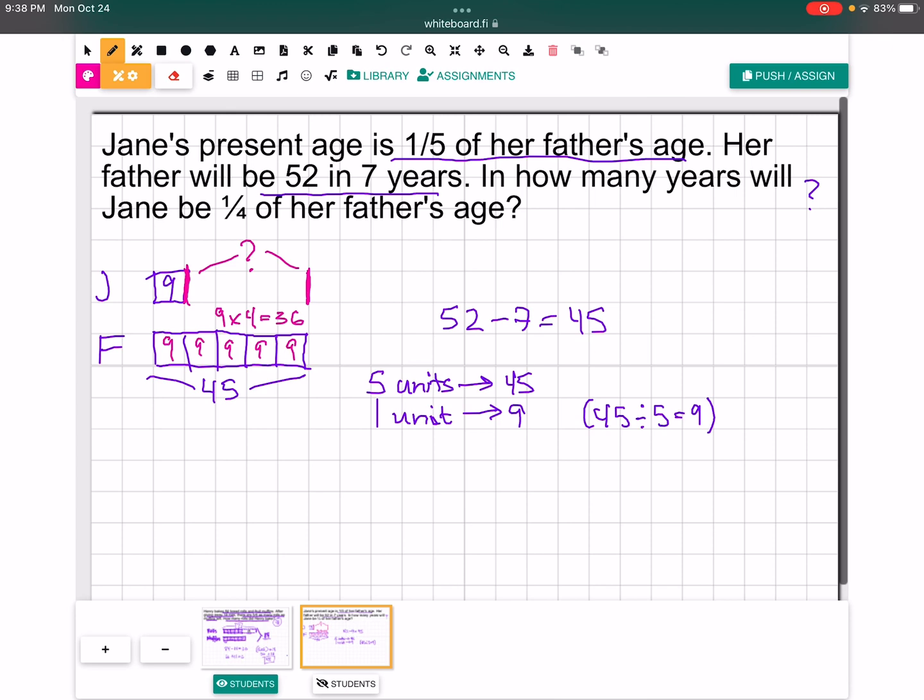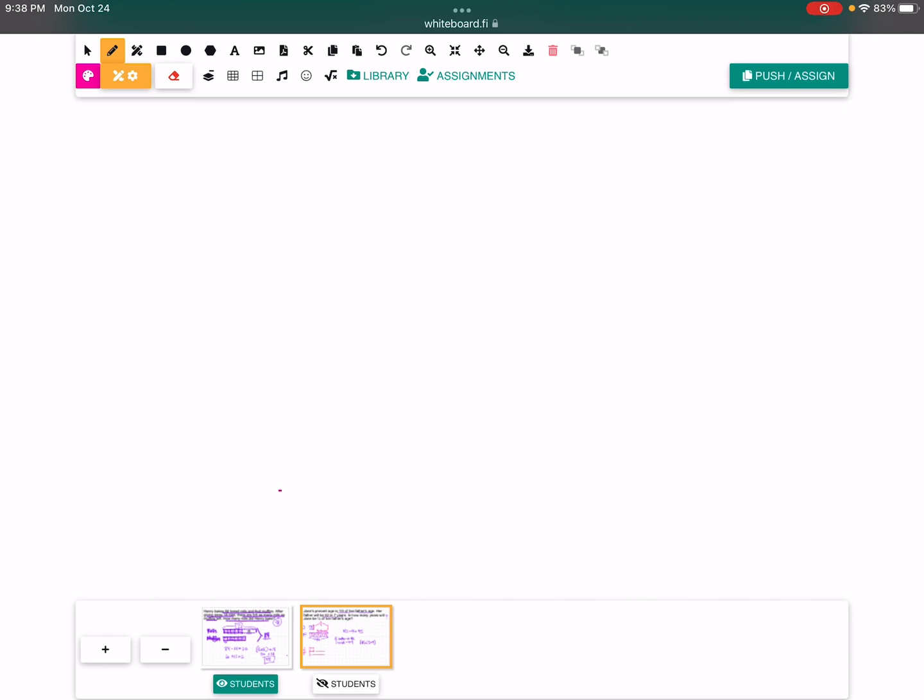So now we have another model to draw, and that's what Jane and her father's ages will be when they are related by 1 unit to 4 units.